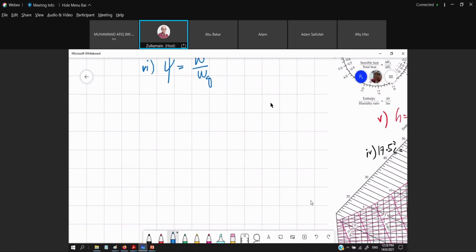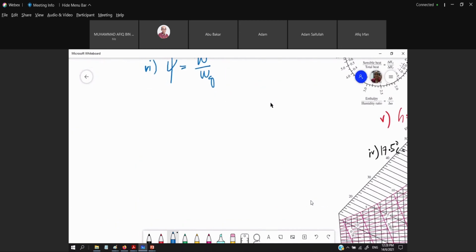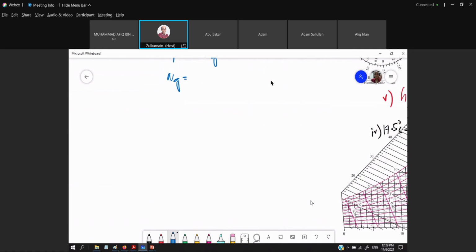Right? So as for the omega G, what is omega G? Assuming it's saturated, the formula is 0.6622 multiplied by the P of vapor divided by the atmospheric pressure minus P of the vapor.